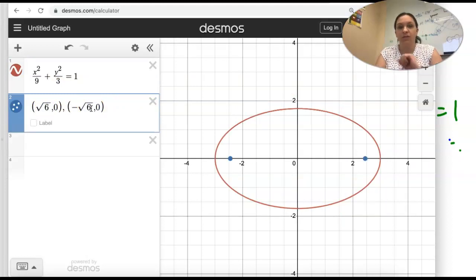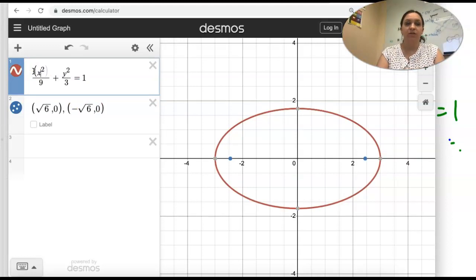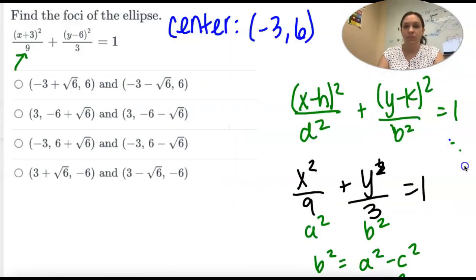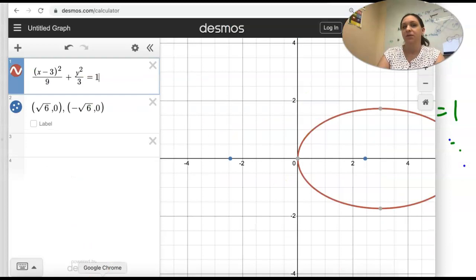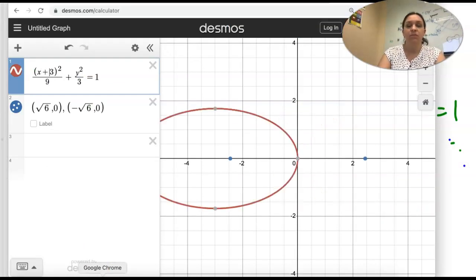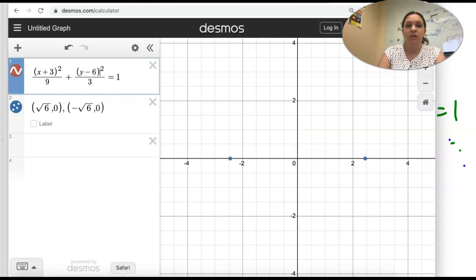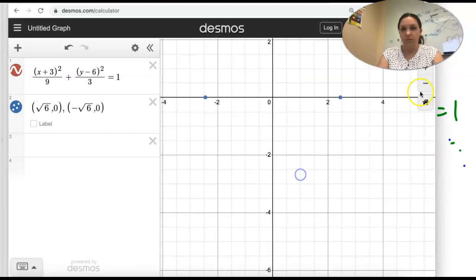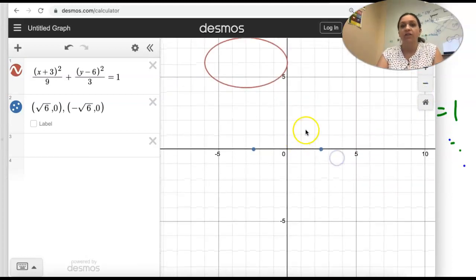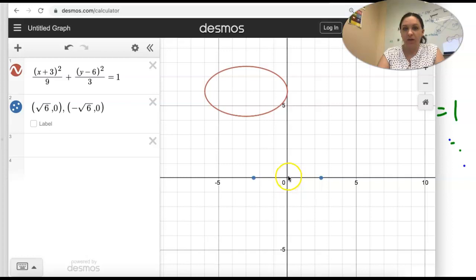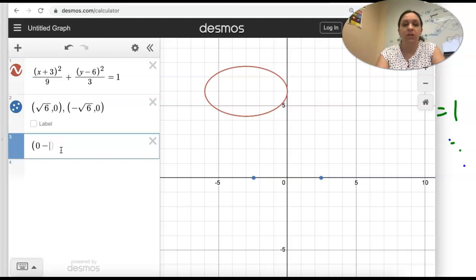There's our foci, right? So what's happening is we're moving our center to x plus 3, y minus 6. So I just took my foci and we're going from 0, 0 to -3, 6.